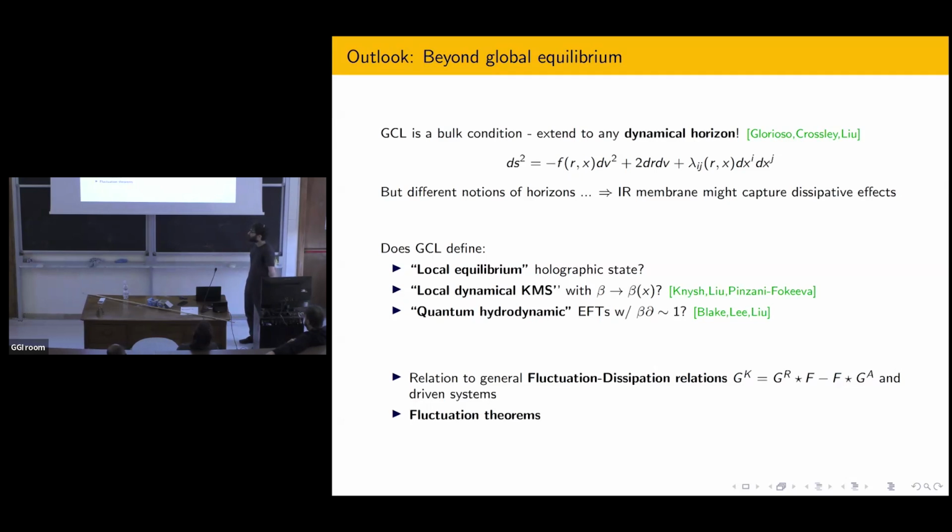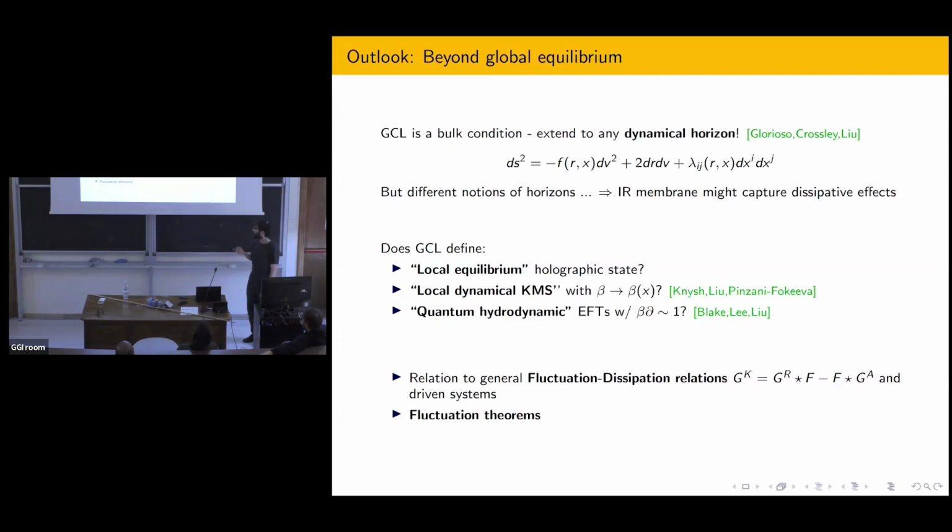Maybe this prescription actually defines what we mean by a local equilibrium holographic state. We have some progress which shows that this implements some kind of local dynamical KMS, where the temperature is now space-time dependent, which is non-trivial to show.